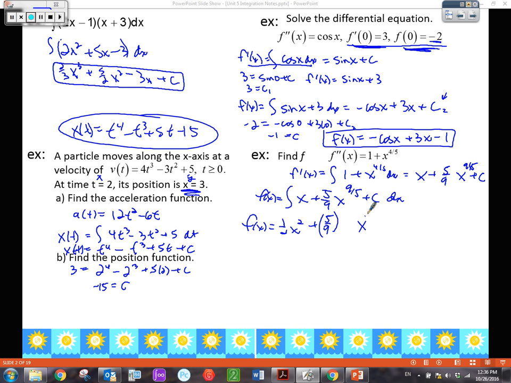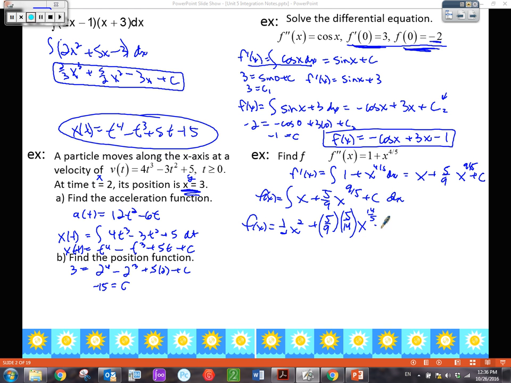So x to the 14/5. Then I have to divide by 14/5, which is the same thing as multiplying by 5/14. I'm going to have to clean it up in a moment.